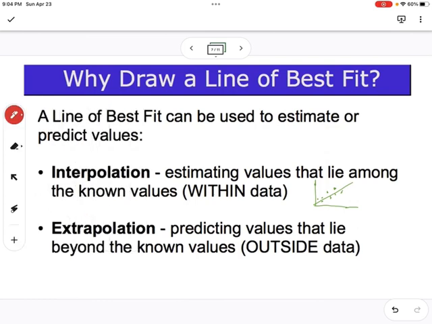And if we have a point within the data, okay, so this can be somewhere that lies within our data, meaning our data starts here and ends here. So anything that's in between lies within the data, and that's when you're using interpolation.